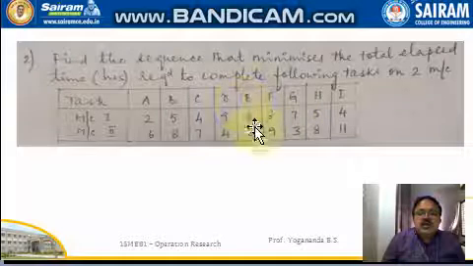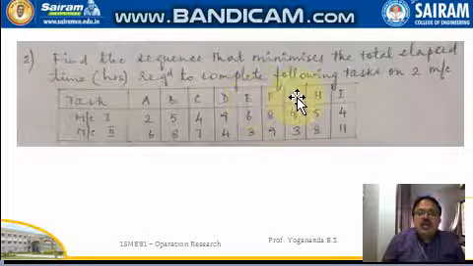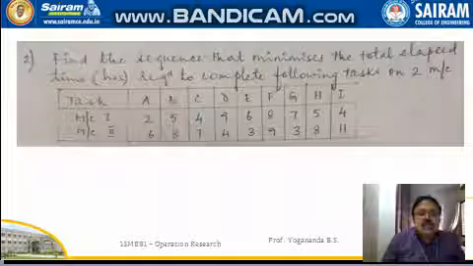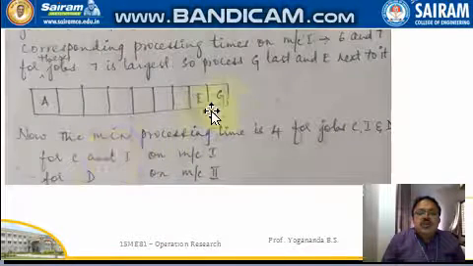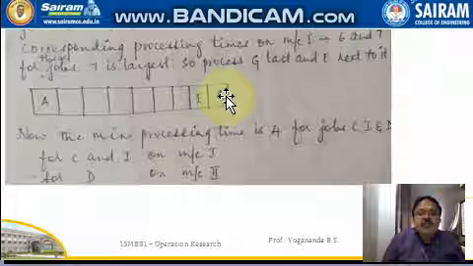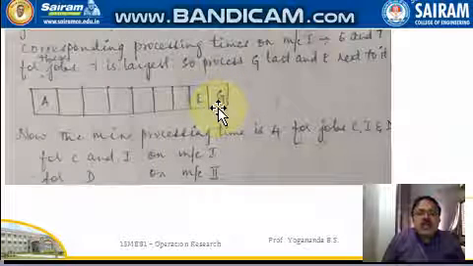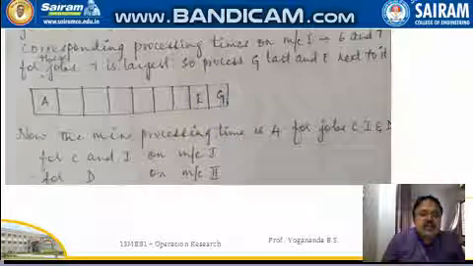So the corresponding jobs E and G are to be sequenced at the end. But which one should be kept at the very end, E or G? That is the question.